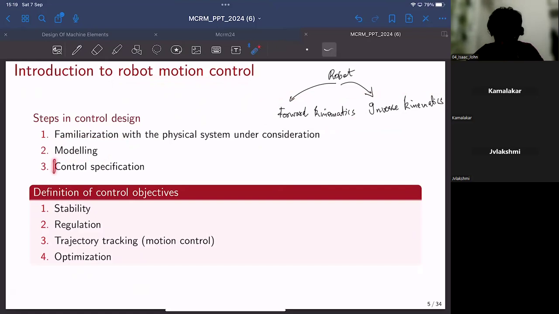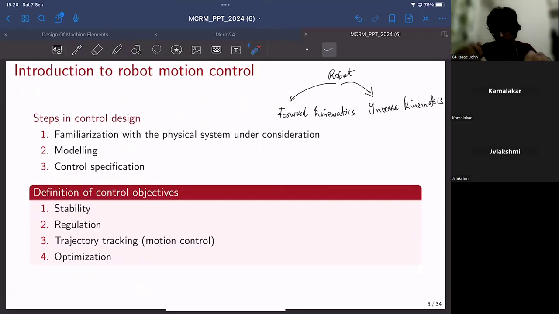Then we also need to lay out our desired control specification. For example, how fast you want your error to decrease, or how fast you want your error to asymptotically go to zero, or what your steady state error should be.